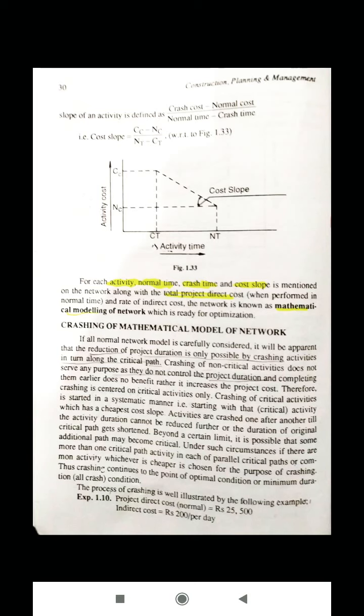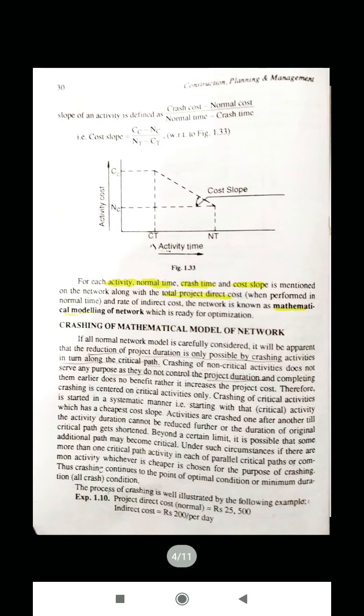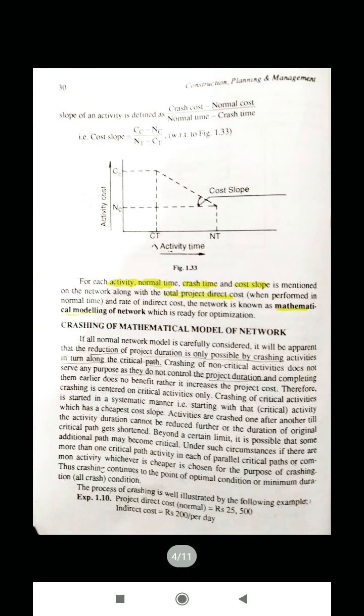And finally, when we have crashed all the critical activities, and further reduction in time does not yield any change in the project duration, then we stop this reduction in time.